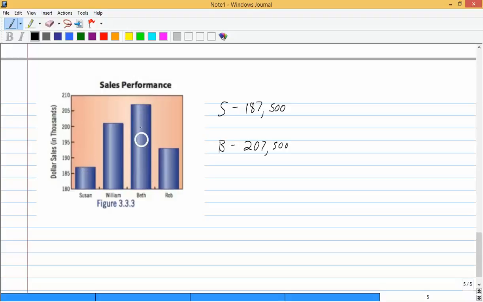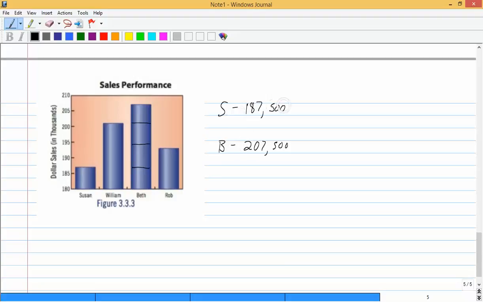So do you see how bar charts sometimes can be a little misleading? You have to pay special attention to this y-axis here when looking at bar charts, because it doesn't always add up. So it may not be 4 times as much if you just were to look at the actual area of this figure, but it is pretty close, and she definitely didn't sell 4 times as much.